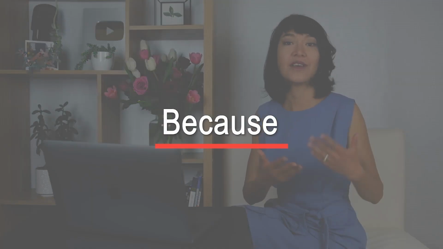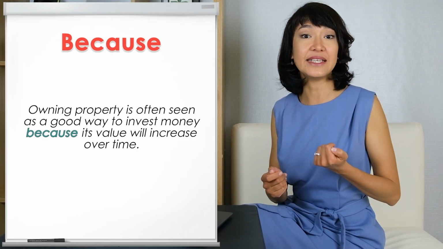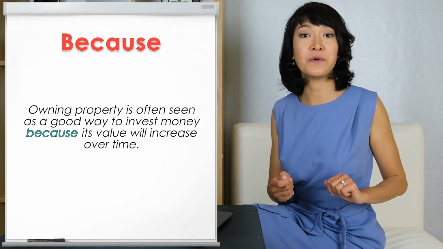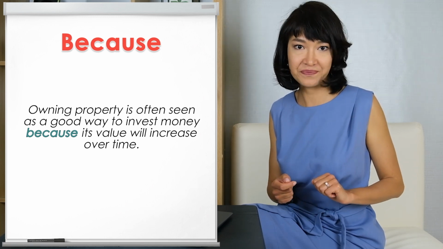If we want to explain what the cause of something is, the most common linking word is because. This we put in the middle of the sentence, like in our example. Owning property is often seen as a good way to invest money because its value will increase over time.